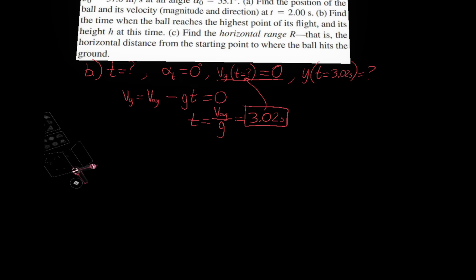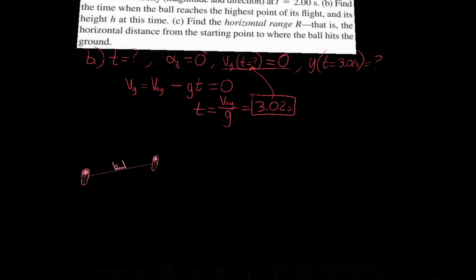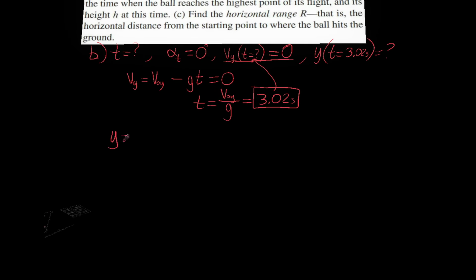So the equation for y, go down a little bit. Equation for y is v naught y times t minus 1/2 gt squared. So we have a bunch of times to plug in.